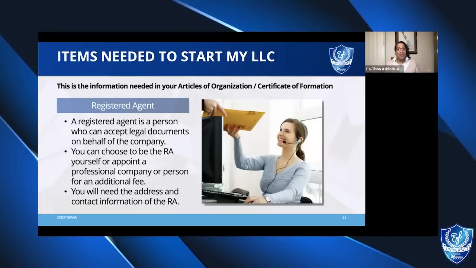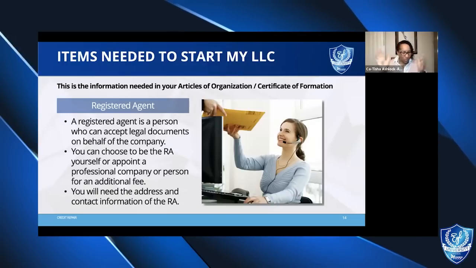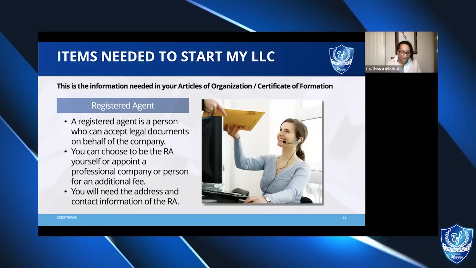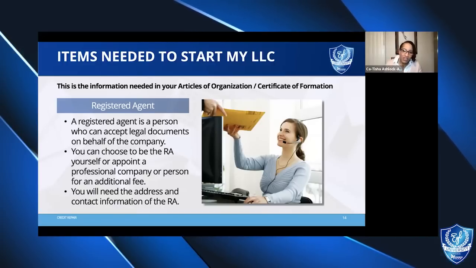So LLCs must have a registered agent in the state they plan to file. So if you're planning to file in Utah, I know it's random, but stick with me, your registered agent must be in Utah. If you're filing in Washington State, yep, you guessed it, then you must have a registered agent in Washington.